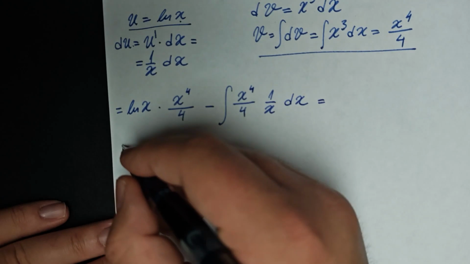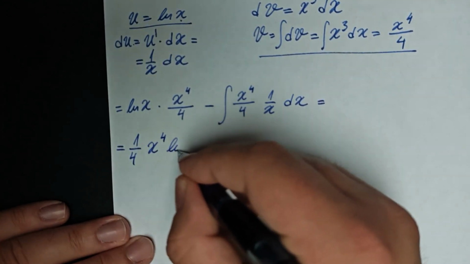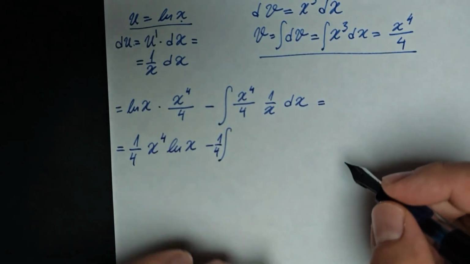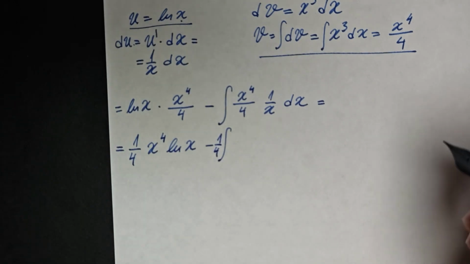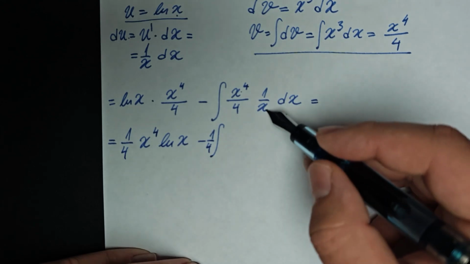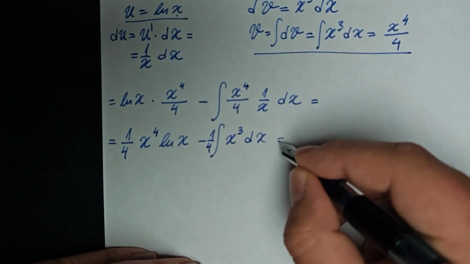And now we just need to solve this. This is 1/4 of x to the fourth power ln x minus an integral. 1/4 is going to get in front of the sign of an integral as it is a constant. x to the fourth power is going to cancel out with x and remains x cubed dx.